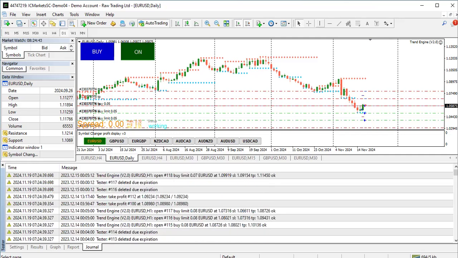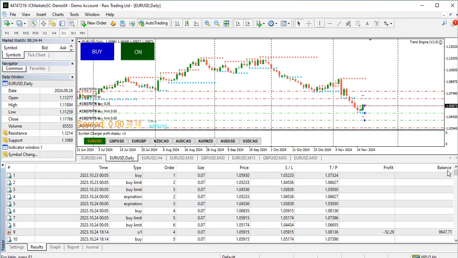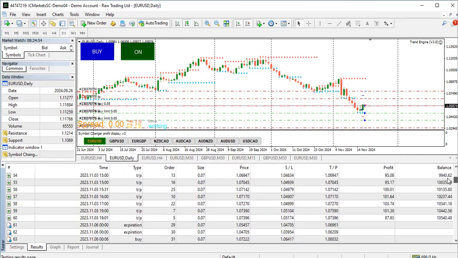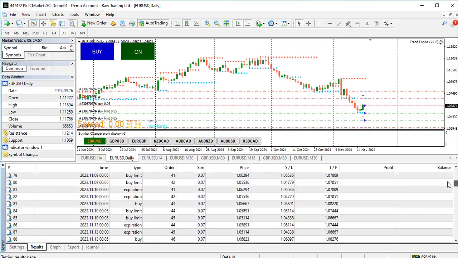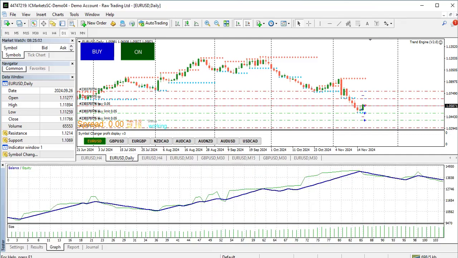If we go to the results, you can see the results that we are getting already. We can see the results coming in, and we can also look at the graph.